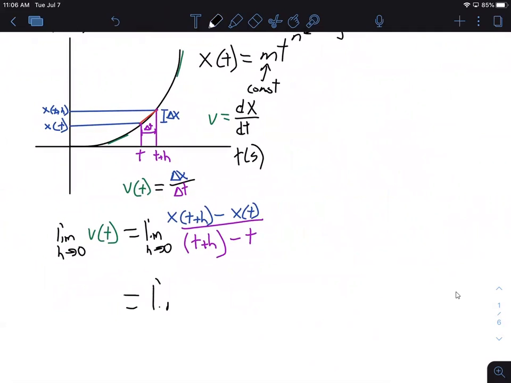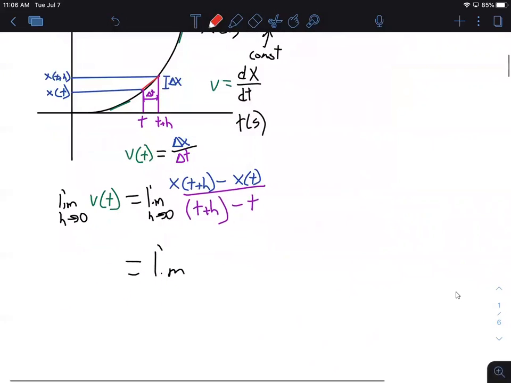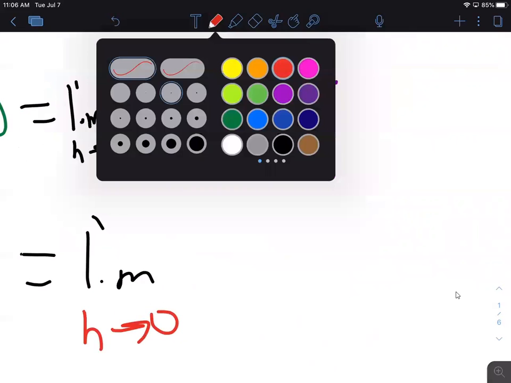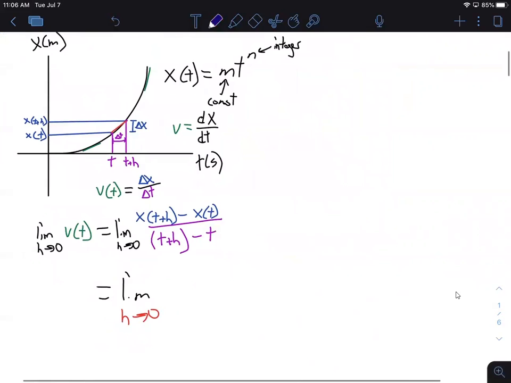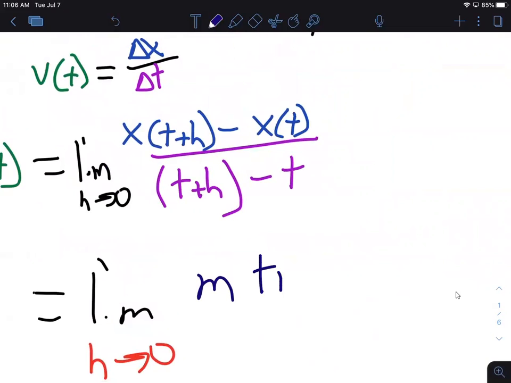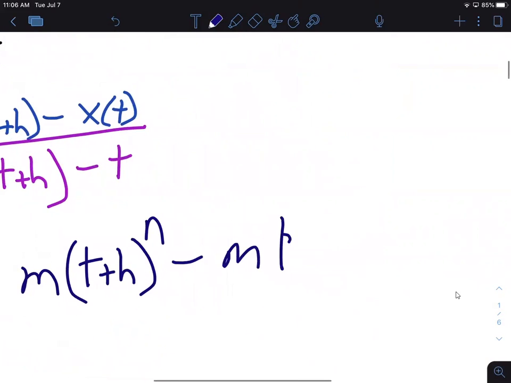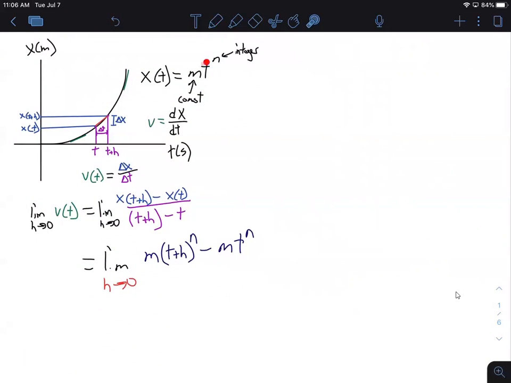So we got our limit. Let's do h in a different color so we can keep track of it. As h goes to 0, let's put in our polynomial function. So we have m t to the n. So here it's m times t plus h to the n, because that's what my x variable is here, minus m t to the n, because I'm just plugging each of these into the t spot.